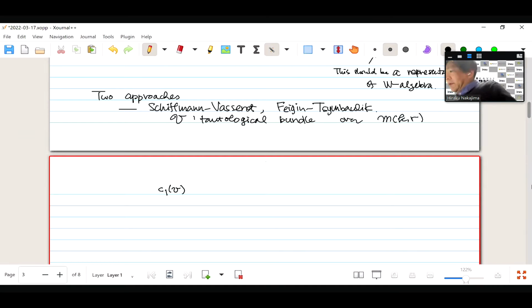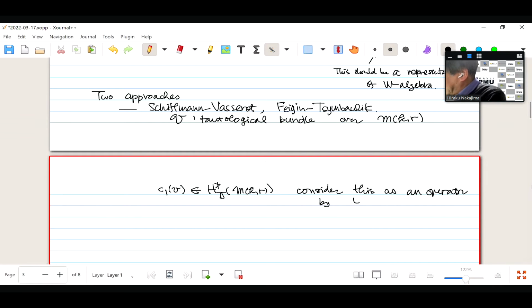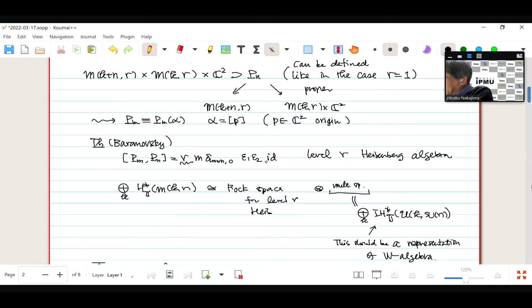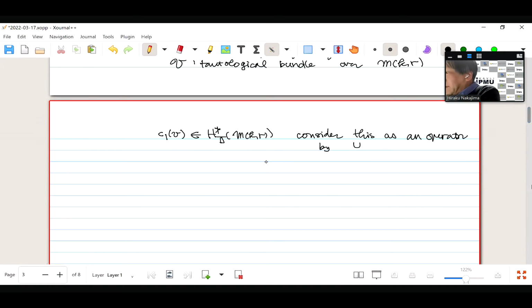So this is the equivariant cohomology class, so this is H star of M_{K,R}. You consider this as an operator by correspondence. The correspondence changes the instanton charge K by this definition. Compared with this, the first Chern class of the tautological bundle has a very different flavor.